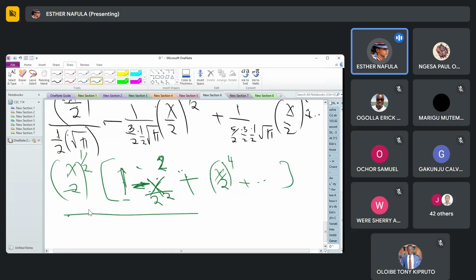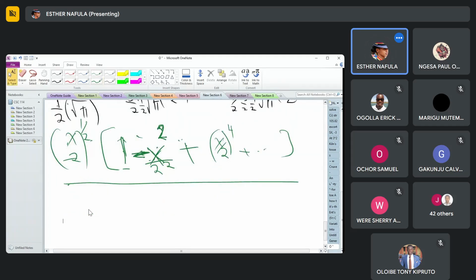In the denominator, what is common? A half root pi. For the first term, what did we have? So we have 1. For the second term, we have 3 over 2. Are you guys following?